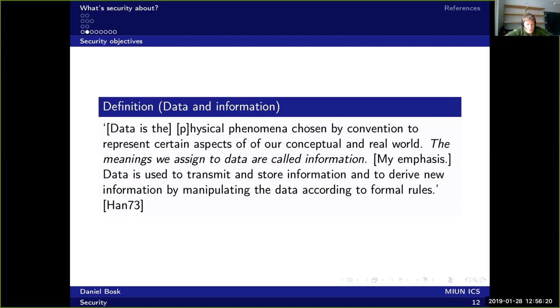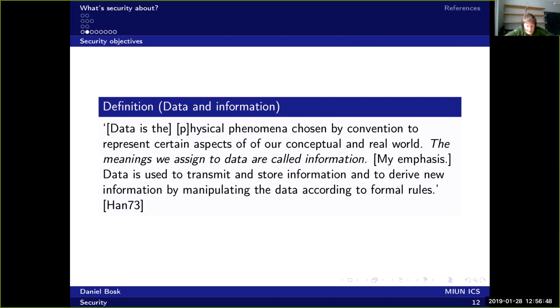We have this quote: data is the physical phenomena chosen by convention to represent certain aspects of our conceptual and real world. The meanings we assign to data are called information. And so data is used to transmit and store information and to derive new information by manipulating the data according to formal rules.